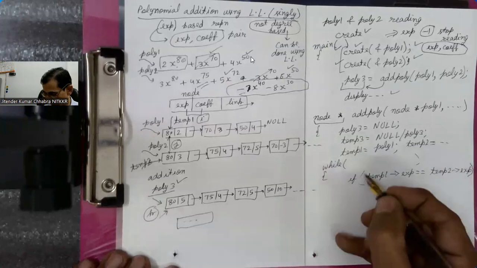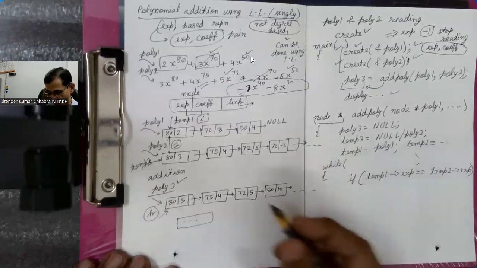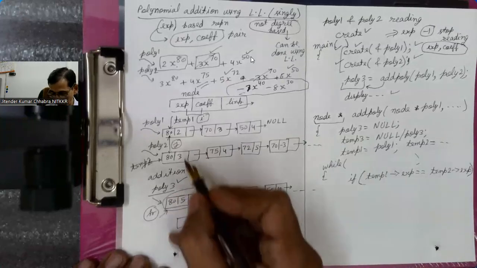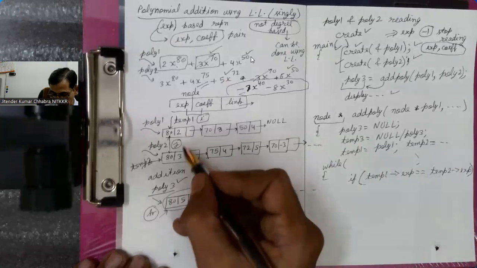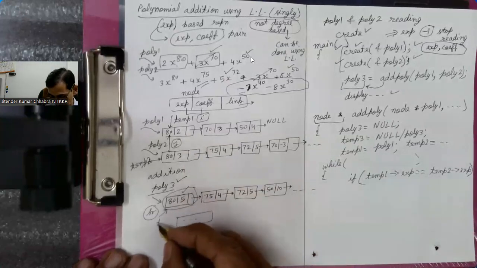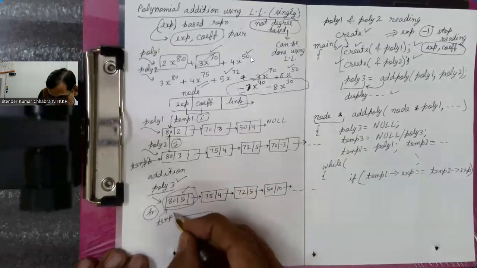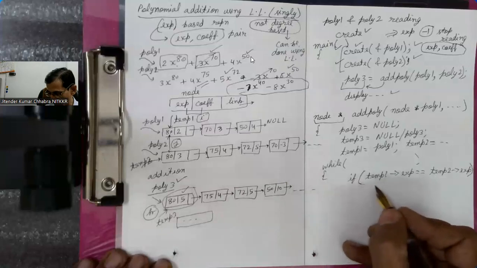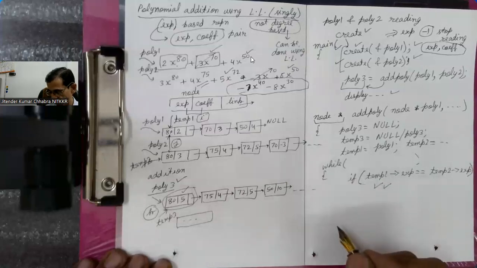Effectively addition to be done, and I have to generate a new temporary node with malloc, data to come here, the added value to come here, and this should become your temp3 also. This should become poly3 also, and that process I have to do here.